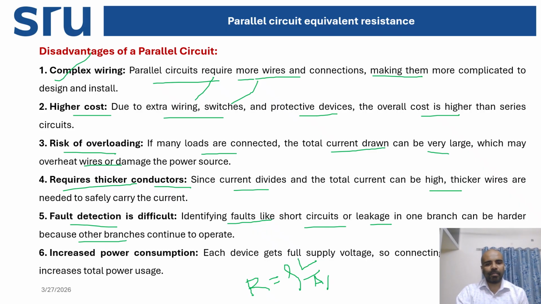Then increased power consumption: here each device gets the full supply voltage, because the voltage drop across each circuit element is equal to the supply voltage. Each device gets the full voltage supply, so there is an increase in total power usage.